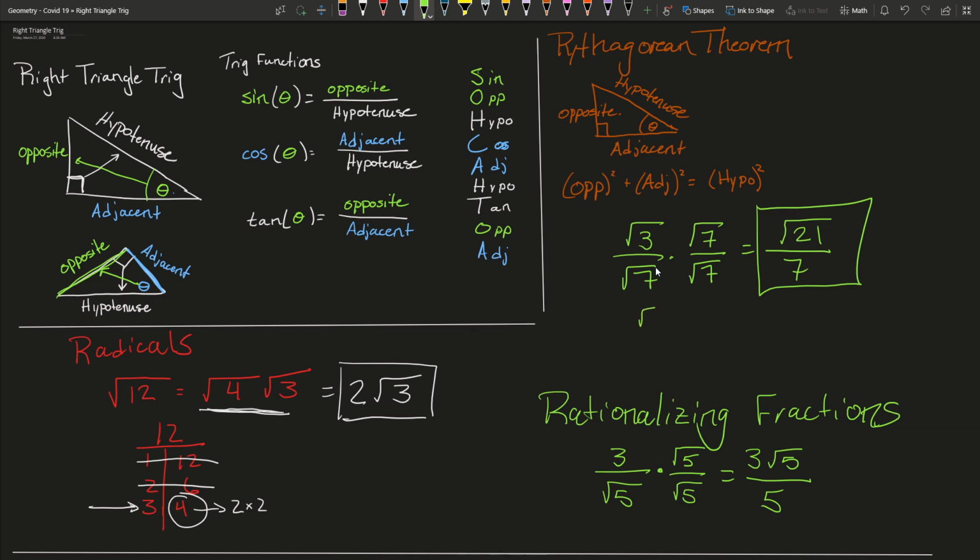So square root of 5 times square root of 5 is just 5. Square root of 19 times square root of 19 is just 19, because you're basically squaring that thing, which undoes the square root.